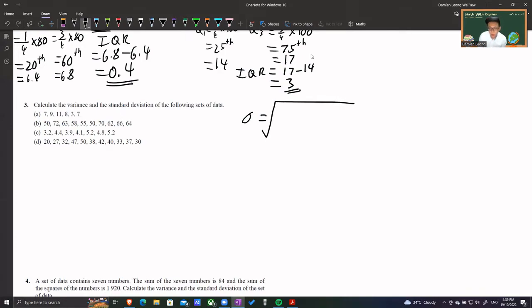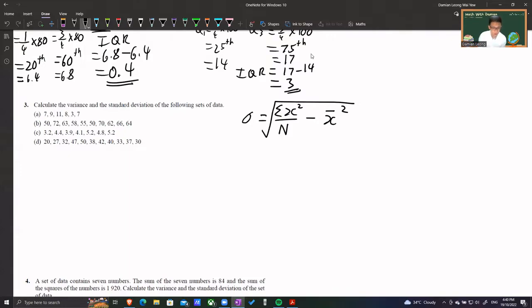It is the square root of sum of x squared over n, minus the mean squared. So that's the total of the x squared, each value squared and added together. To find the mean, add everything and divide by the number of values. This is standard deviation. If I want variance, it's without the square root.